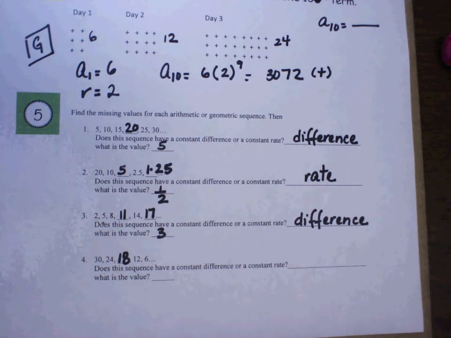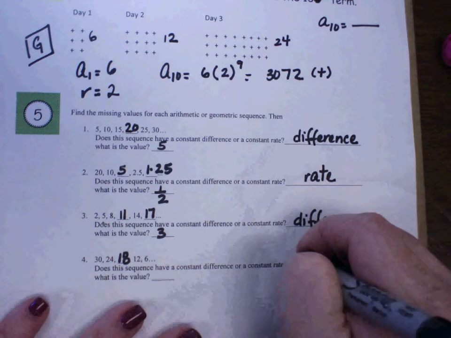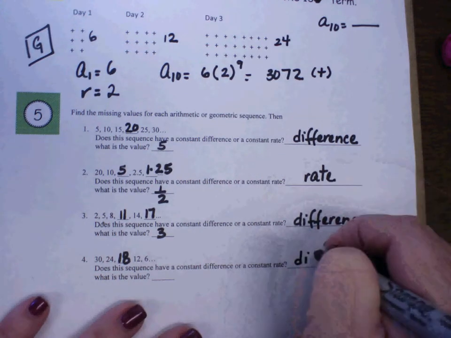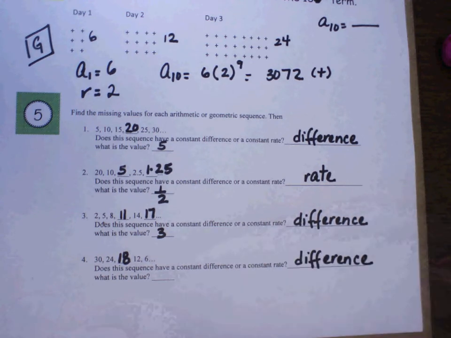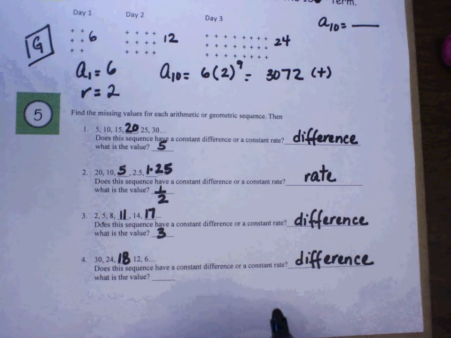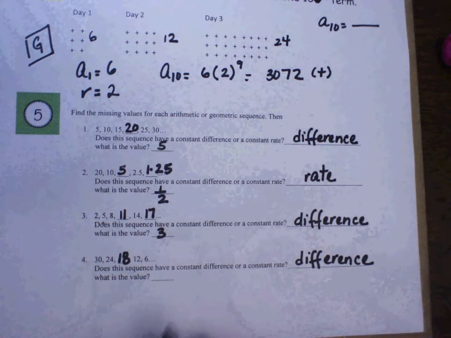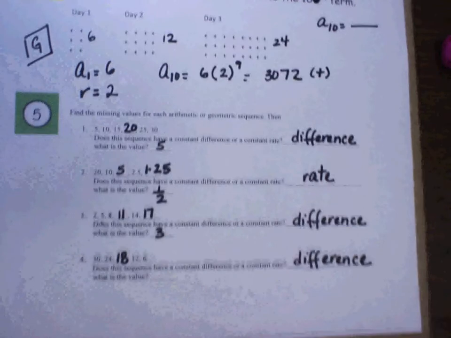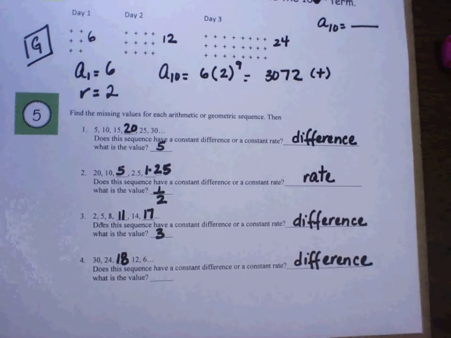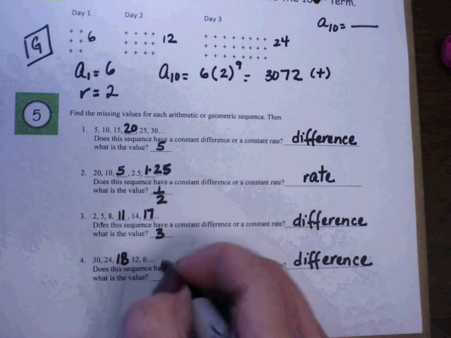This is not a rate. You're not multiplying anything. Be careful. What's the value? So 30 plus 6 is 24. There we go. Because 6 will be a choice on Friday, and that's not the right one. It's negative 6, not positive 6.